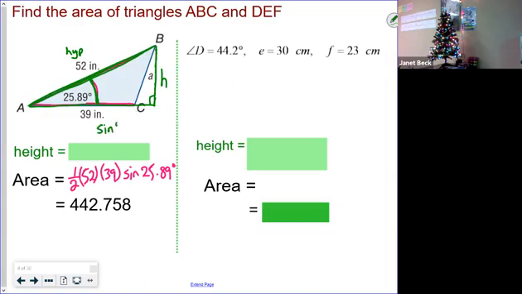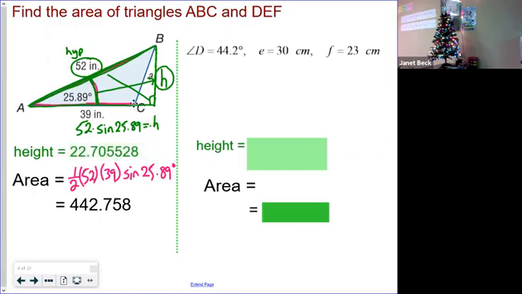The sine of 25.89 would equal what's opposite it, this height, divided by the hypotenuse, which is 52. Multiply both sides by 52. And that's what you'd get for your height. Okay. We're not going to do the second example at all because I want to get on with the lesson today.